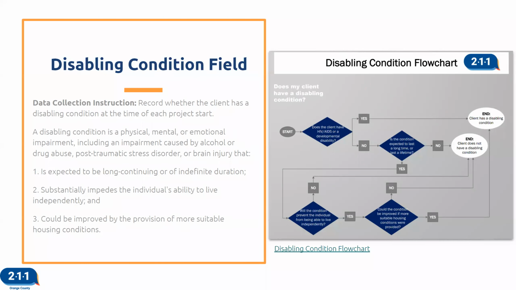Is the condition of an ailment expected to last a long time or last the lifetime of the client? Will the condition prevent the individual from being able to live independently? And could the condition be improved if more suitable housing conditions were provided to the client? Based on the yes and no responses to these questions, case managers and agencies can help determine whether or not the client does or doesn't have a disabling condition.